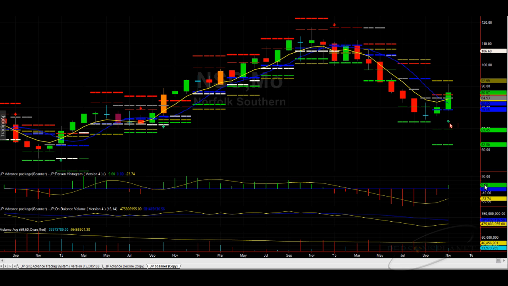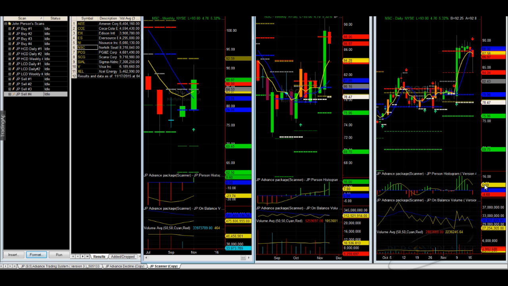Number three, it's warning you right now that if we close here or higher, we will generate a monthly buy signal on this stock. So its monthly buy signals are pretty impressive. And as you can see, the last conditional change, the white lines here, even on a monthly time frame, is a very powerful universal tool for longer term traders.